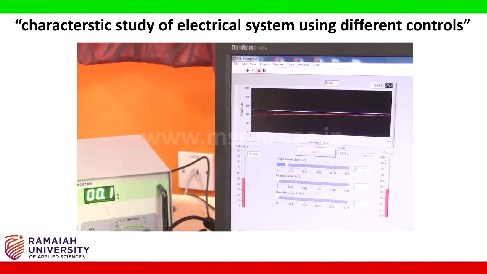So by increasing the integral controller, we can decrease this offset, and the time taken for the system to reach the set value will be very small.